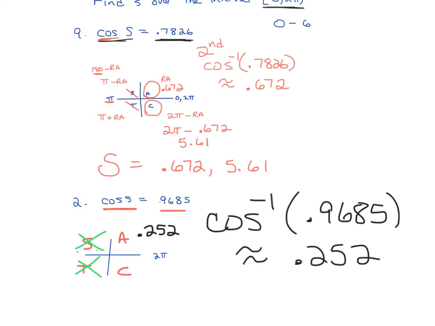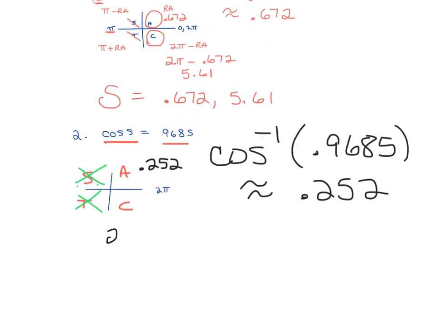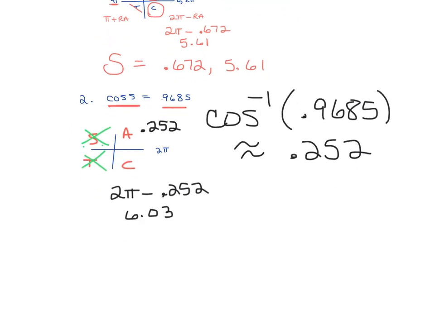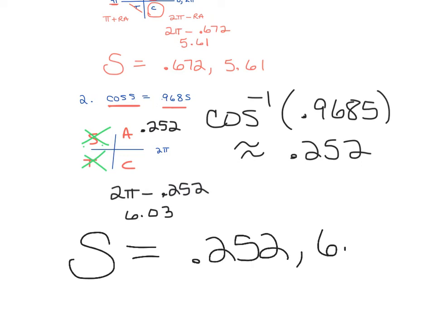And remember to get quadrant 4, I subtract that number I just got from 2 pi. And again, this is all calculator here. Once we do that, we should get 6.03. So my 2 values for S, 0.252 and 6.03.